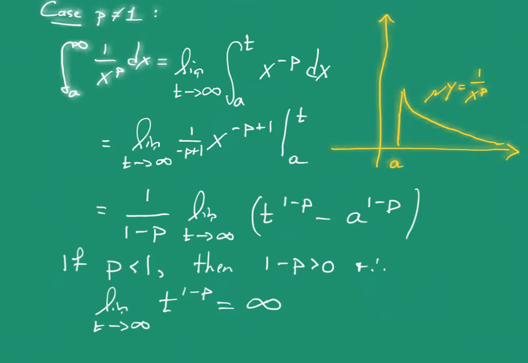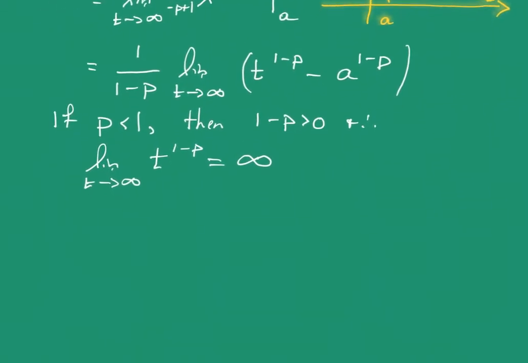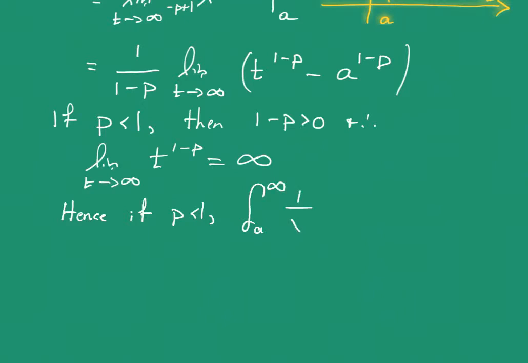So what does that mean? That means that if p is less than 1, this limit is infinity, and therefore the improper integral diverges. So let's just write that down. Okay, so hence, if p is less than 1, our improper integral, this p integral, diverges as claimed.